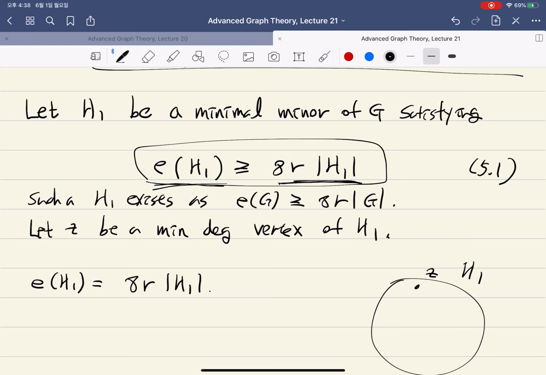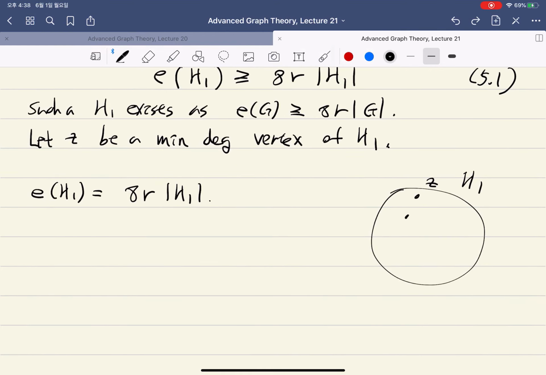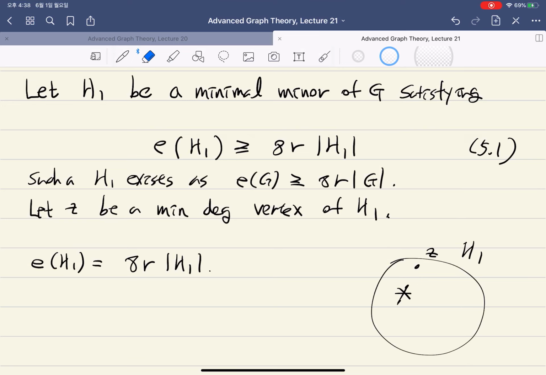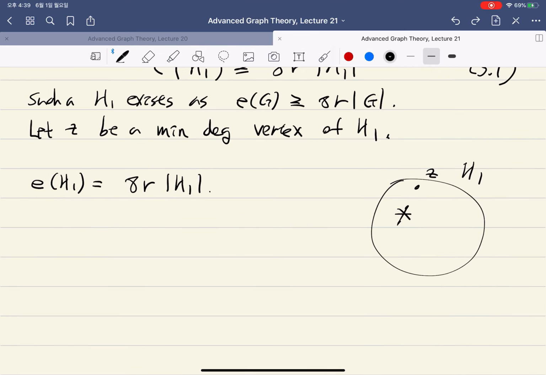So let's consider this minimal among all the minor relation. And in a minor relation, you can delete vertices or delete edges. So once you delete one more edge, then that's smaller than H1, so it no longer satisfies this 5.1. So we know that it has exactly 8R times |H1| edges.